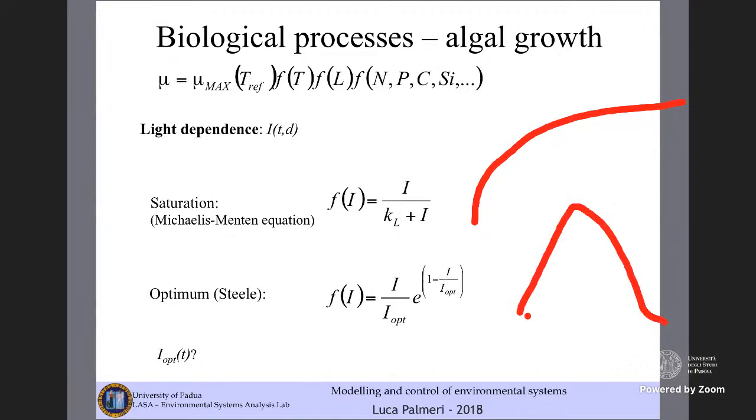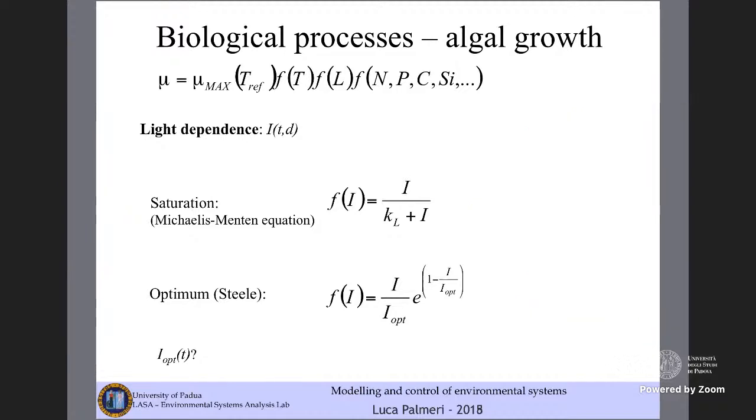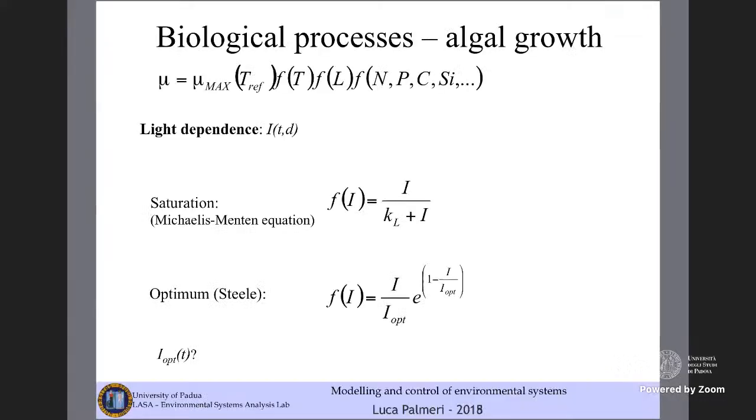When you write this kind of description, you may ask yourself, what is the optimum value of irradiance at time t? Of course, this value depends on the characteristics of the plants or algae that you are describing. So the optimum value of irradiance is a characteristic of the plant itself.